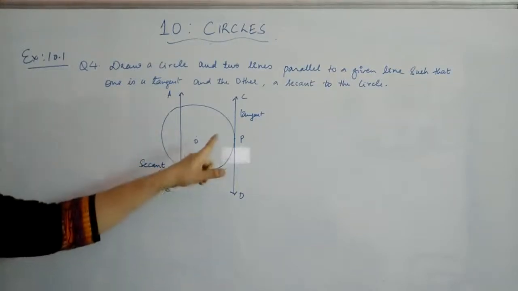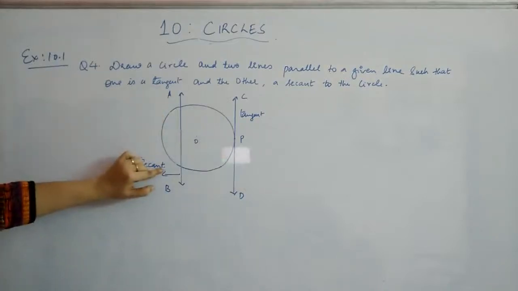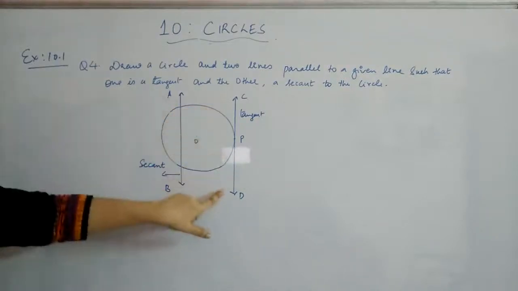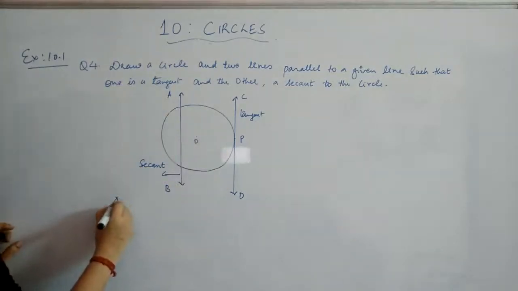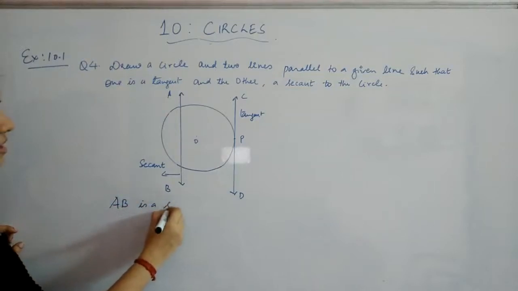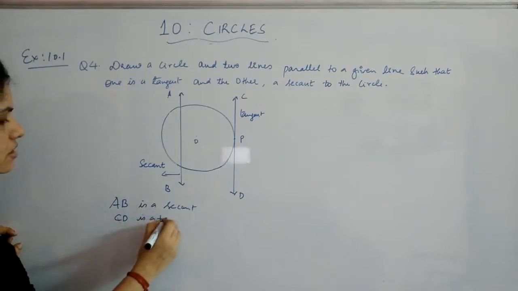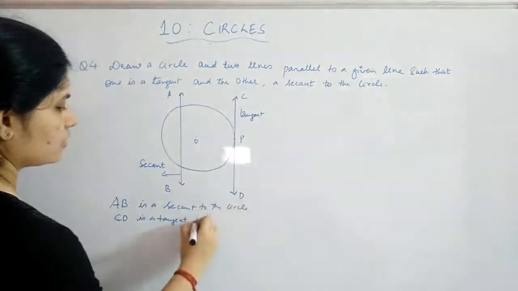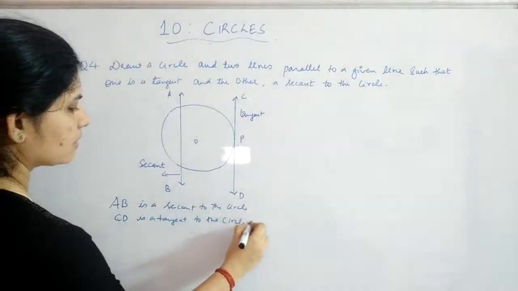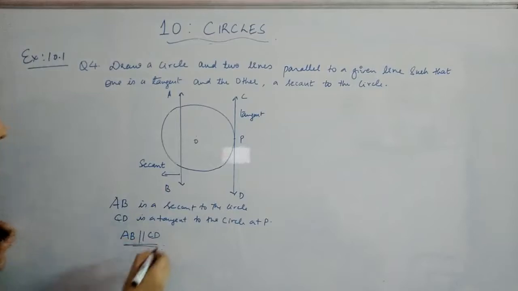So a circle is drawn, two parallel lines have been drawn, of which one is a secant, that is AB is a secant, and CD is a tangent at the point P. Okay, so AB is a secant to the circle and CD is a tangent to the circle at P, and both AB and CD are parallel.